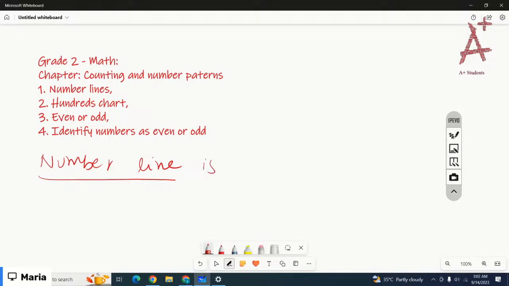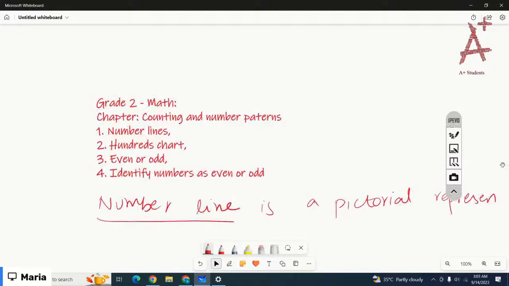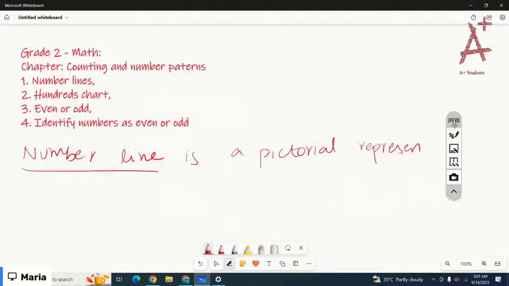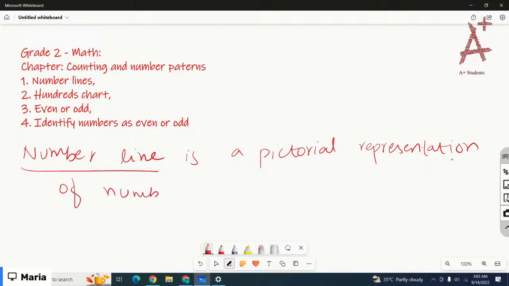A number line is a pictorial representation of numbers on a straight line. That is the definition.